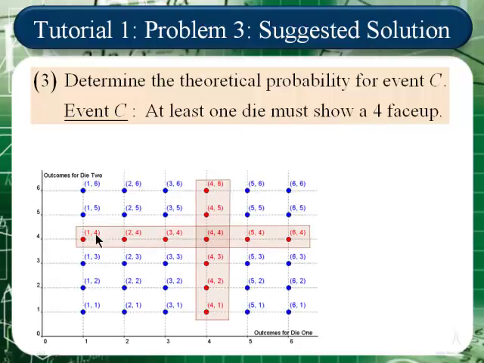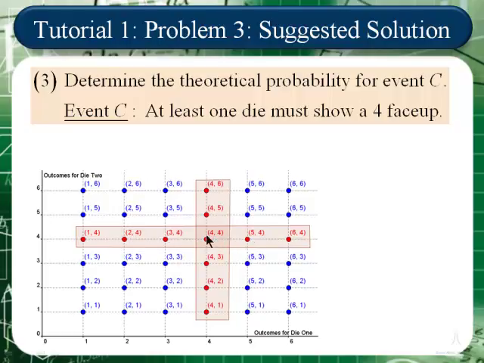If we go back to our illustration, then I have shaded the event in this particular case. It really means that either a 4 must be displayed on the first die or a 4 must be displayed on the second one. Note this particular one is a common outcome.